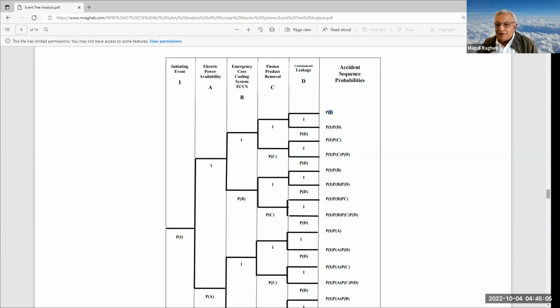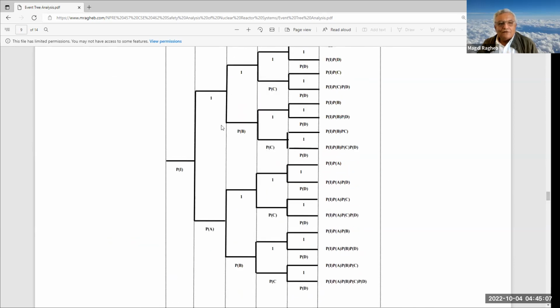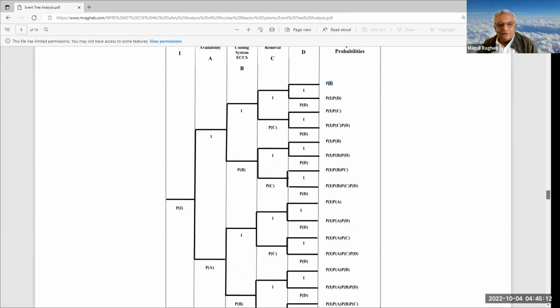Now, what if some of those components fail? So you'll find that at each component, the A, the B, the C, and the D, we have a failure probability right here, a failure probability for B, a failure probability for C, a failure probability for D. So you get here now, in the decision tree, all those branches. And notice how quickly you build up those branches of the tree.